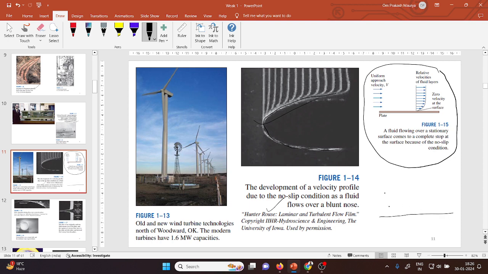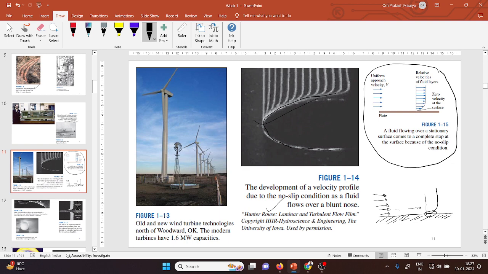If water is flowing with uniform velocity, what will happen after traveling some distance? Your velocity diagram will be like that. Why? Due to the friction between the solid wall and the fluid, here the velocity is almost zero.